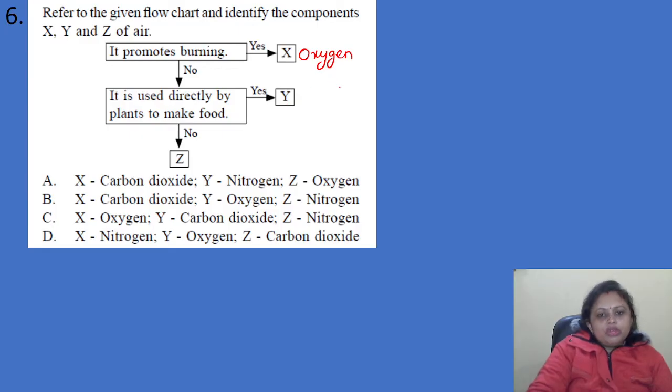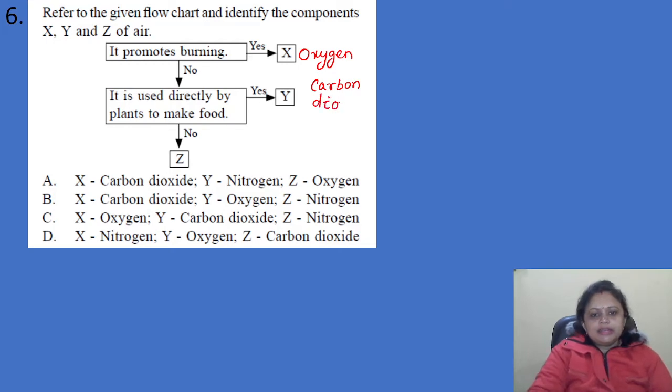Yes, so we know that carbon dioxide is used by the plants directly to prepare their food, and the name of the process is photosynthesis. If no, then it is nitrogen. Plants cannot use nitrogen directly. So here the correct answer is option C.